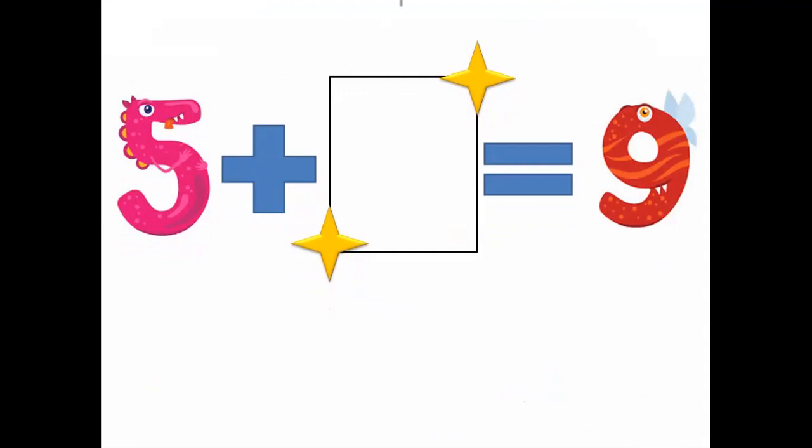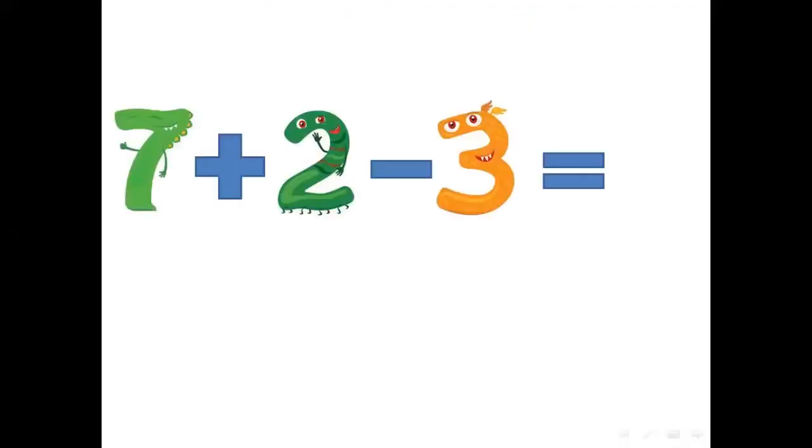Good job. And what shall I do next? Again, if I have 3 digits, how can I do it? First, I will hide the third or the last number like that. Okay, and make the first equation.